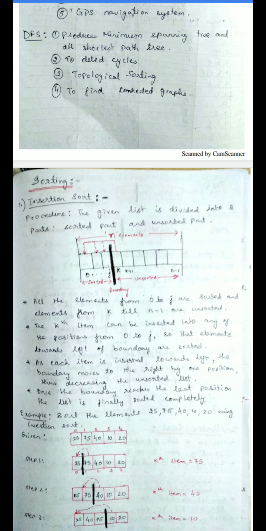Let's see an example of how we can perform the operation. The elements we have are 25, 75, 40, 10, 20. How can we perform the insertion sort? Initially we have 25, and the remaining are 75, 40, 10, 20. Here 25 is in the sorted list, and after 25 we have a boundary line, then the unsorted list.